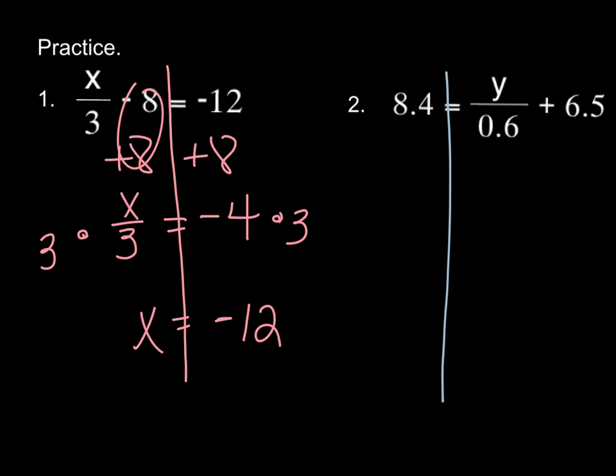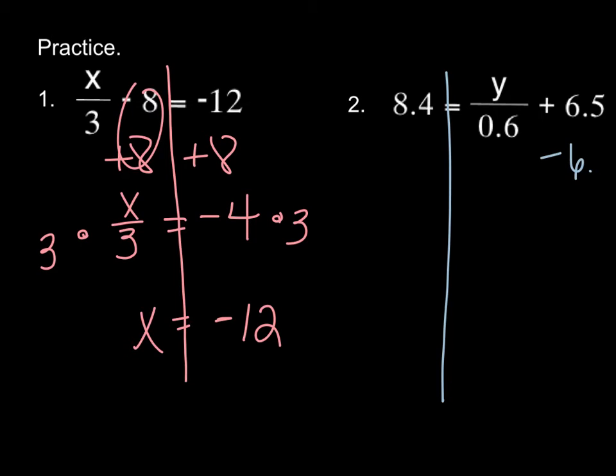On this one, it's written backwards. The variable's on the right side instead of the left. That doesn't change anything. My same steps apply. There's no subtraction, but there is some addition. So the opposite or inverse of addition is to subtract.